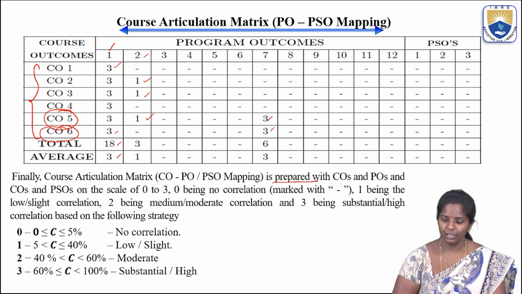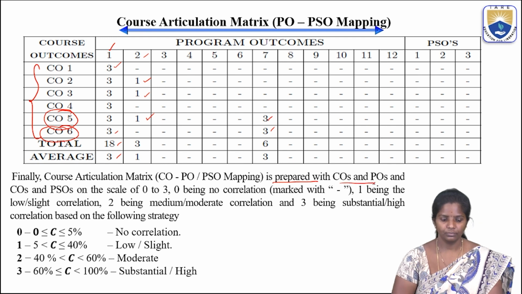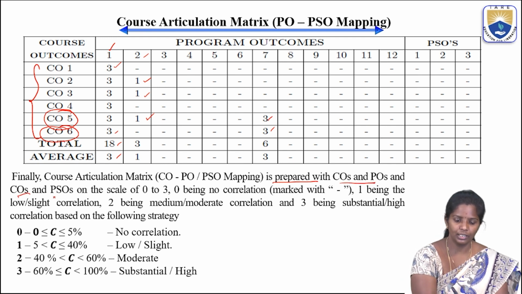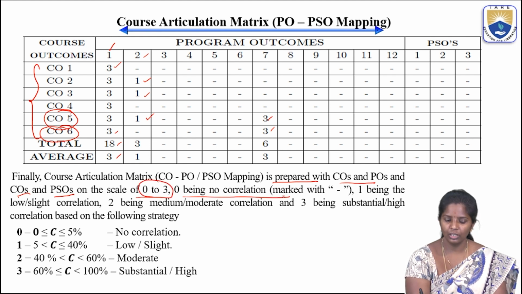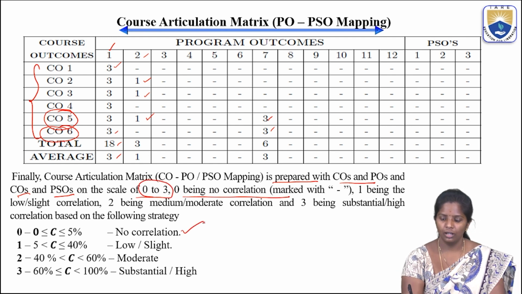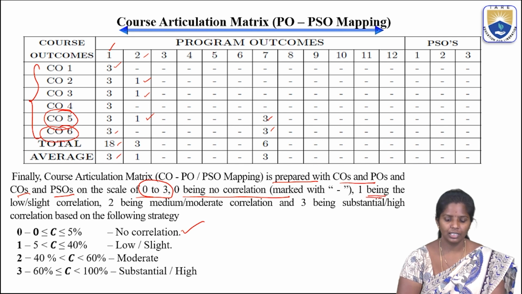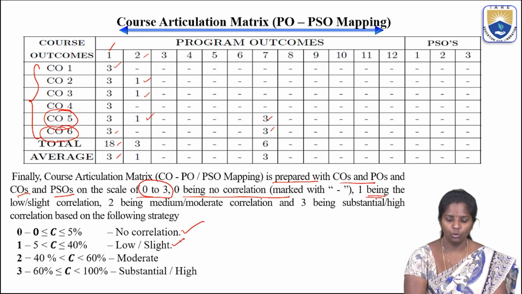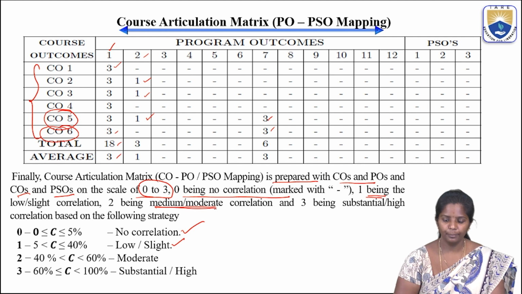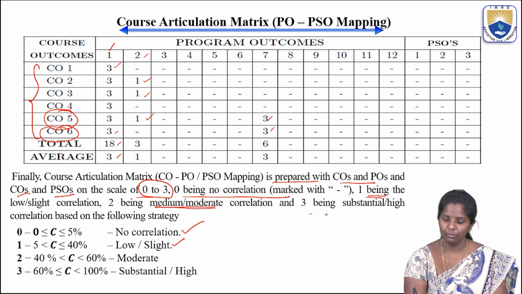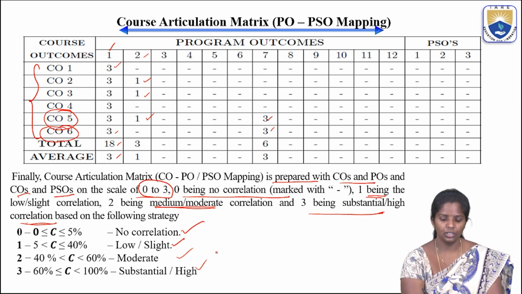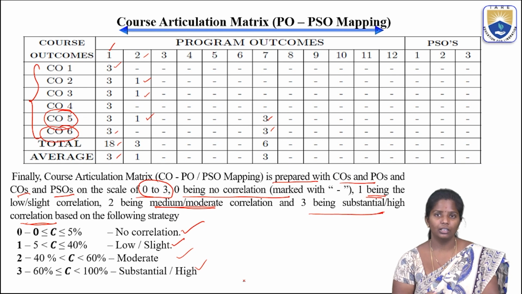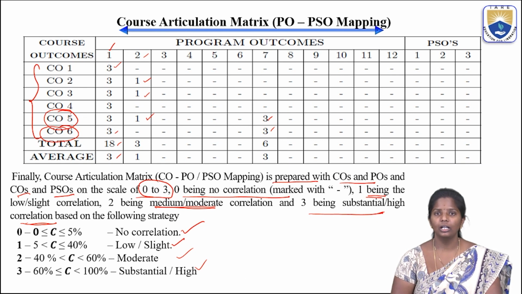It is prepared with CO and PO, and CO and PSO, on a scale of 0 to 3. 0 means no correlation, 1 slightly correlated, 2 moderately or medium correlated, and 3 substantially or highly correlated, based on the strategy. This is how we give importance to that particular topic.